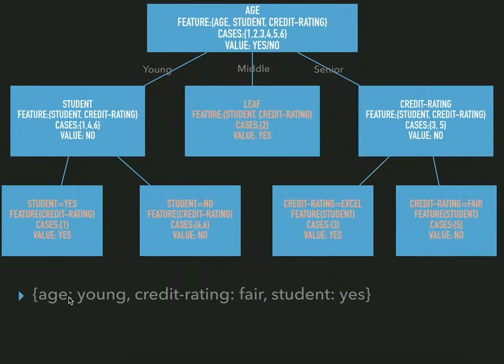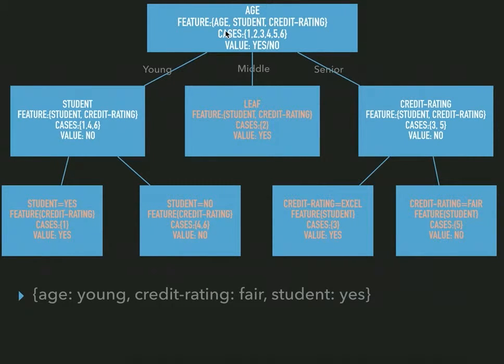To understand how decision tree works and how to use it to predict the class value, we will consider an example: age equal to young, credit rating equal to fair, and student equal to yes. So we will begin at the root of the tree and move forward until we reach the leaf of the tree and return its value as our predicted data.